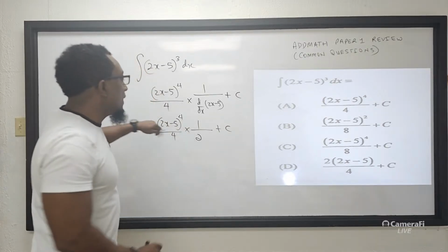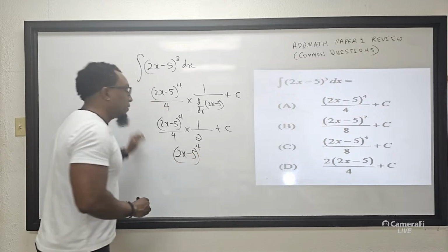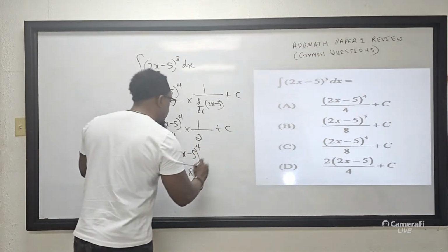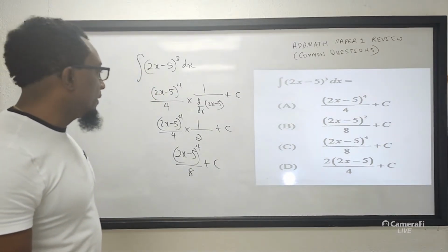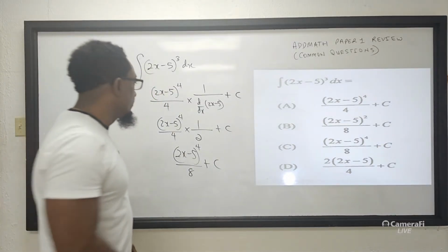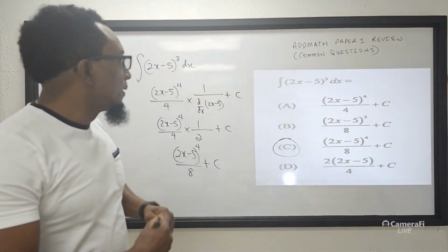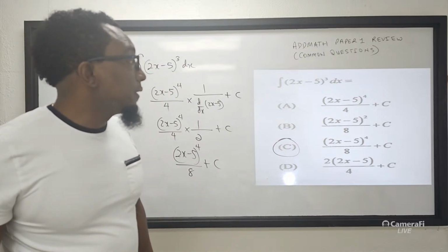So 1 times (2x minus 5) to the power 4 is (2x minus 5) to the power 4, and 4 by 2 will give us 8, plus c. Whose answer there is c. Alright? Making sure we can integrate the composite function.